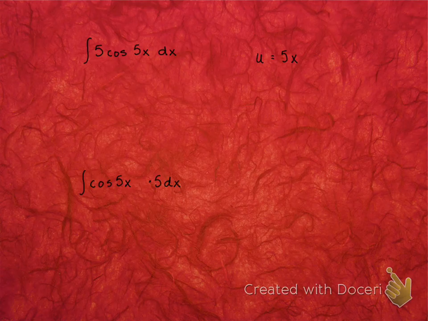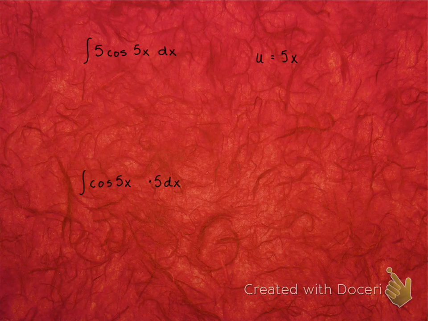So this is not just cosine of x. That must mean that our u is 5x. So again, 5x is not a plain old ordinary, everyday, all by itself, boring old x. It's a 5x. Therefore, it is our u.